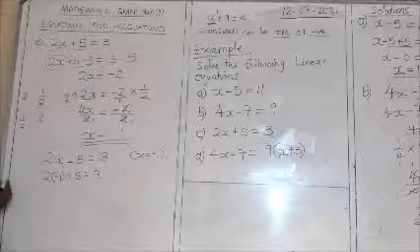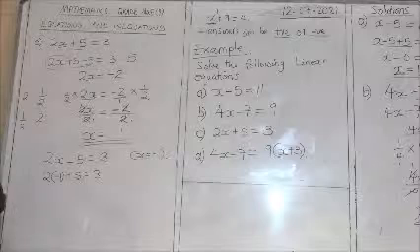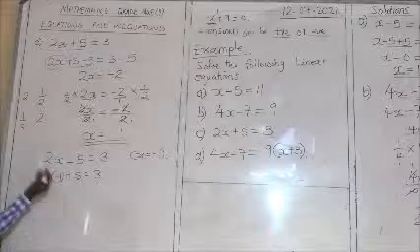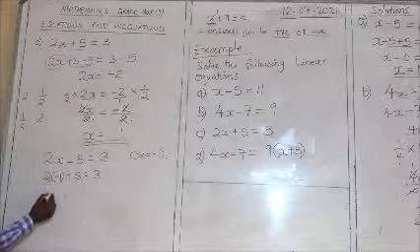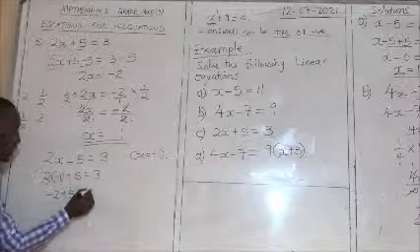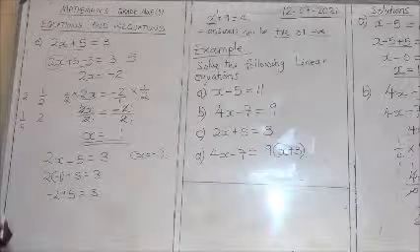Okay, so for this, the right hand side should be equal to the value from the left hand side. So for this, we are saying that here we have 2 multiplied by negative 1, so this will give us negative 2, then plus 5, so on the right hand side, we have 3.